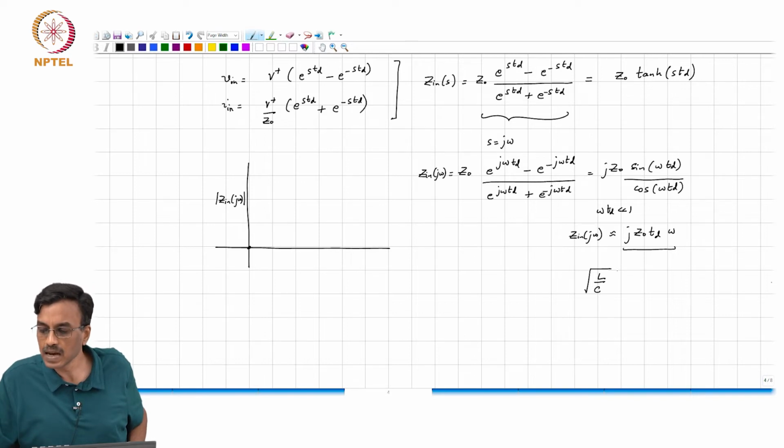And what is T d? T d is nothing but length by velocity, which is basically the square root of L C times length.